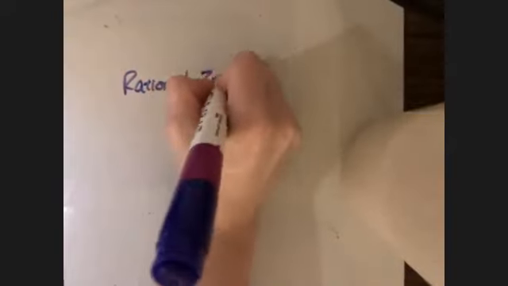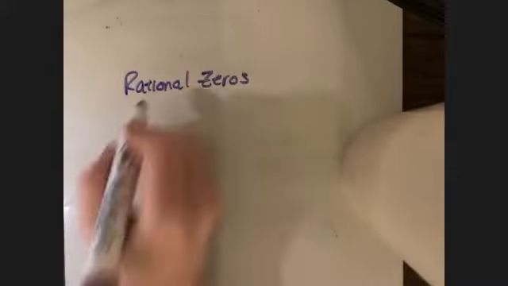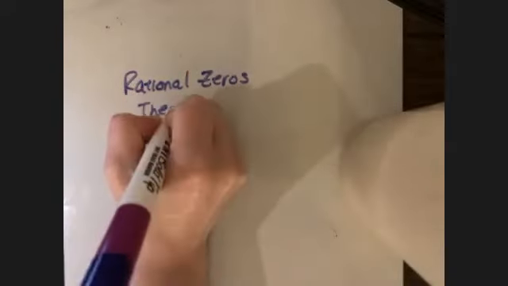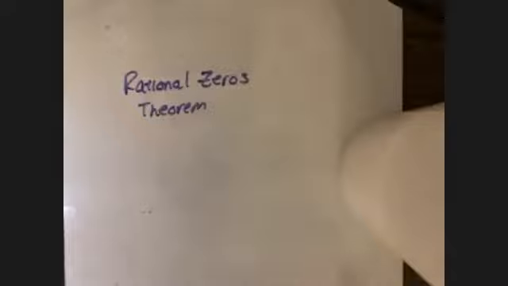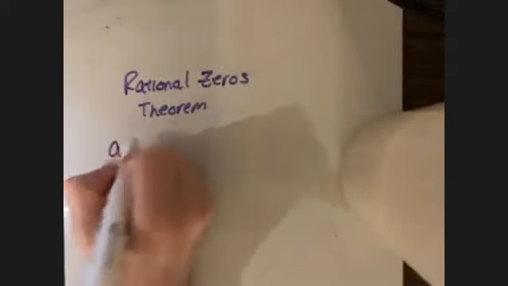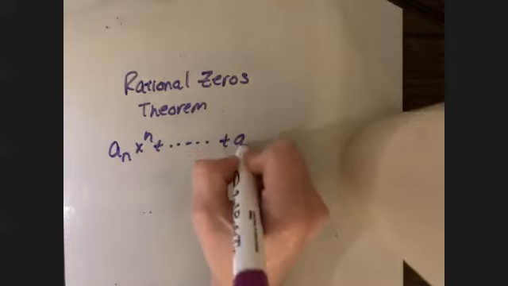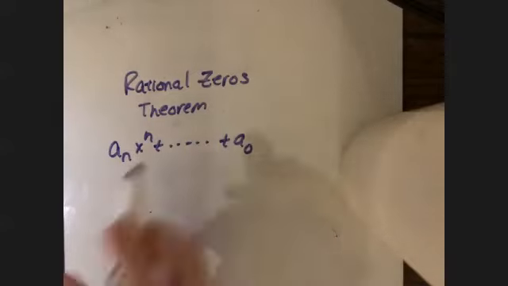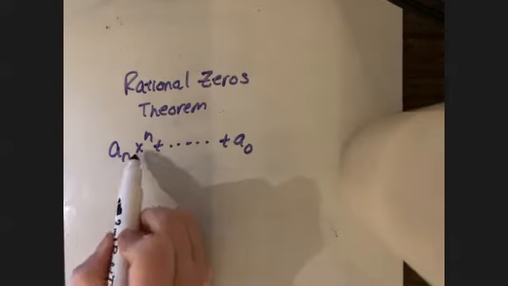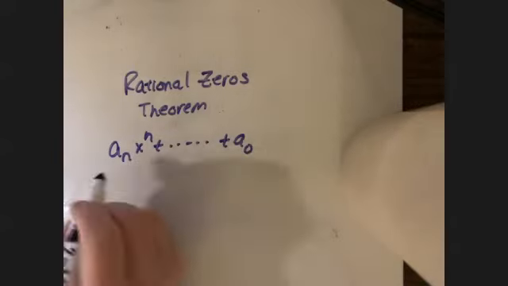So for section 3.4, the first thing that we're going to talk about is, and I'm going to switch views here, the rational zeros theorem, okay? Now, the way that this reads is it says if you have a polynomial, where you've got this a sub n x to the n, and then you've got this a naught back here at the back.